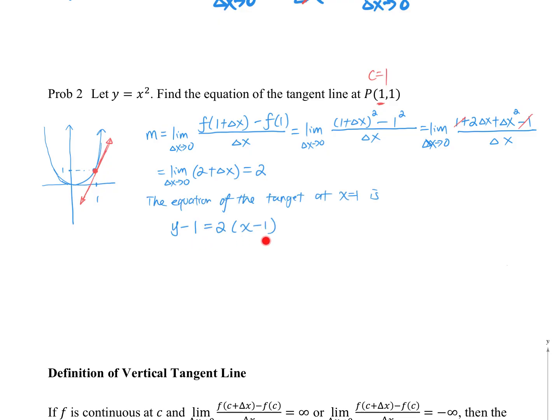So we are using the point slope form and using the results from above. And then let's simplify. This is equal to 2x minus 2. And therefore, y equals 2x minus 1. And this is the equation of the tangent line.